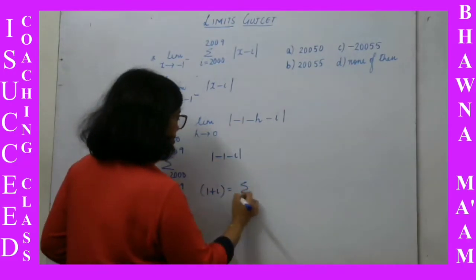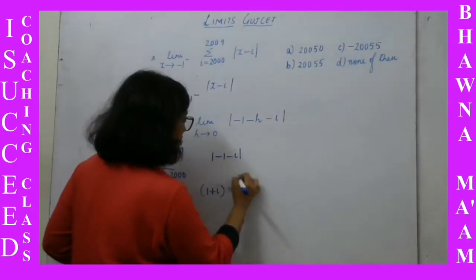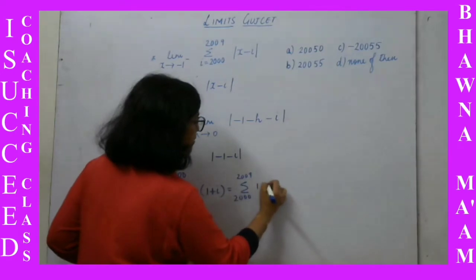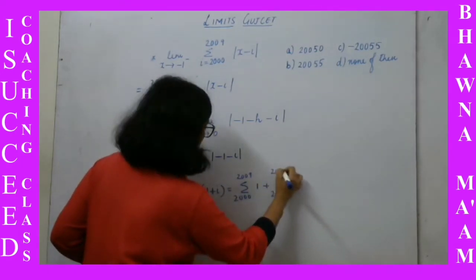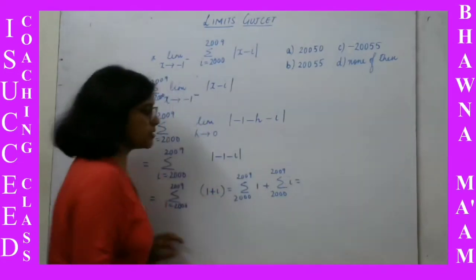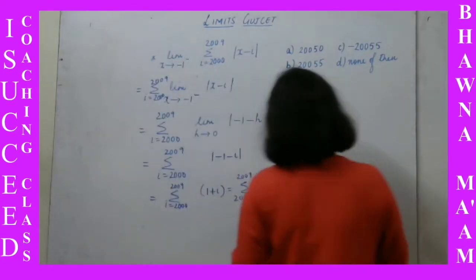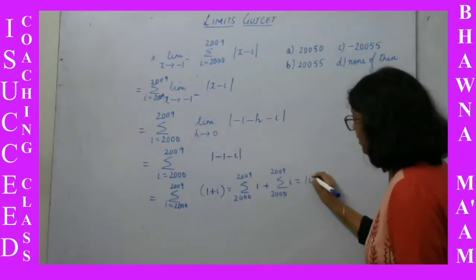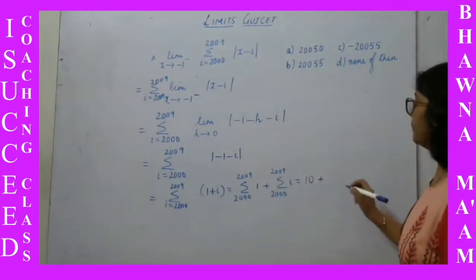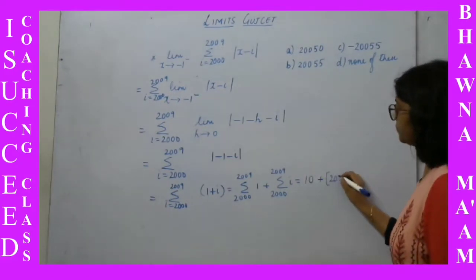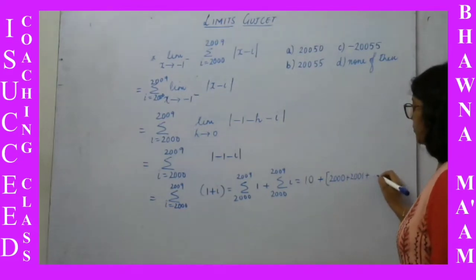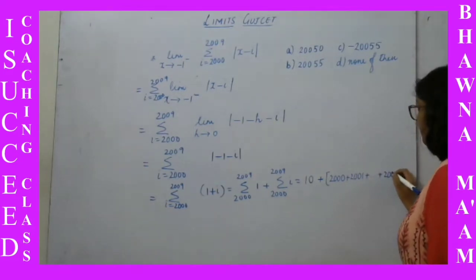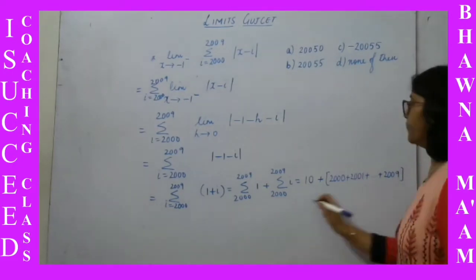So summation 2000 to 2009 of 1 plus summation 2000 to 2009 of i. Calculate this. Summation of this 2000 to 2009 will be 10 plus over here it is 2000, 2001, and you continue until 2009. So you find out the answer.